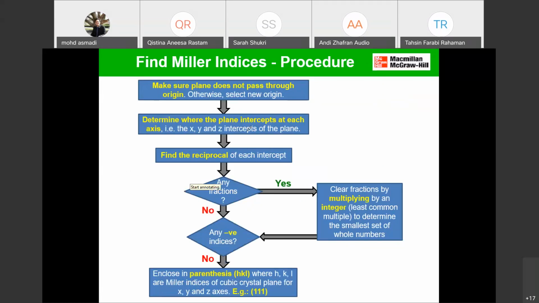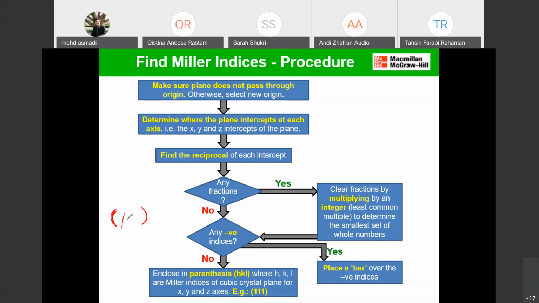So how do you present the Miller indices? It should be a normal bracket, not a square bracket, for example (111).